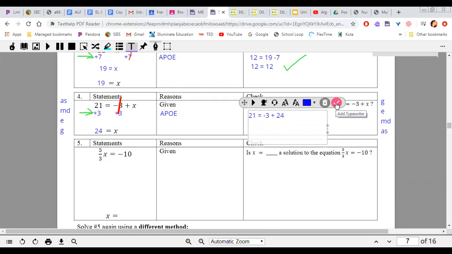Okay. So on this side, we only have one step right now, but we did addition and subtraction, and we always want to start with that when we're solving for x. But then when we check our work, we want to follow the regular order of operations like we're used to. Okay. So I have -3 plus 24, what is that?